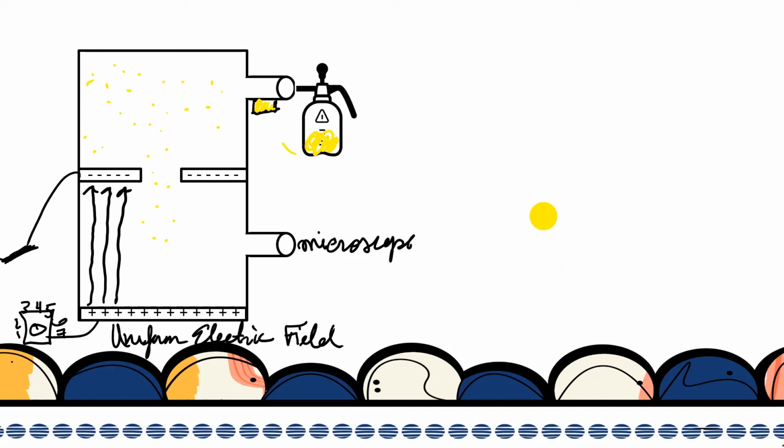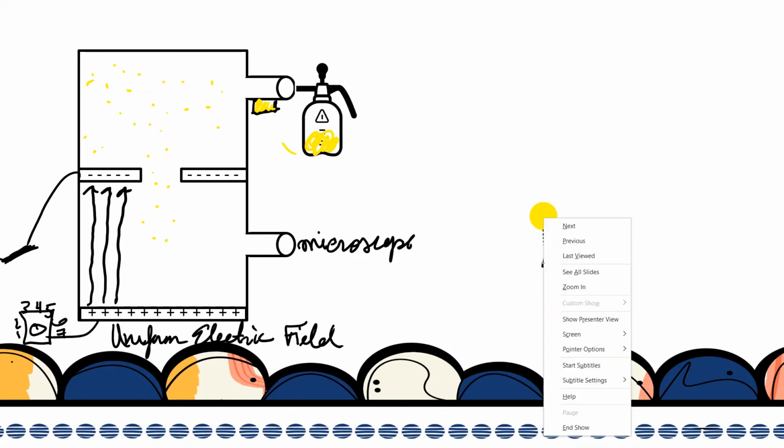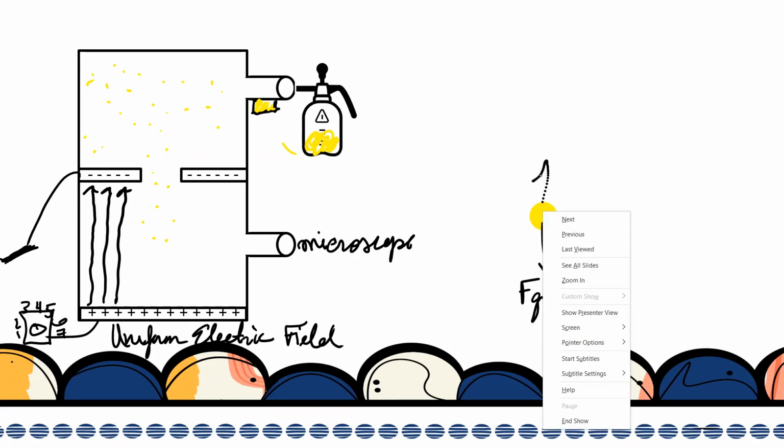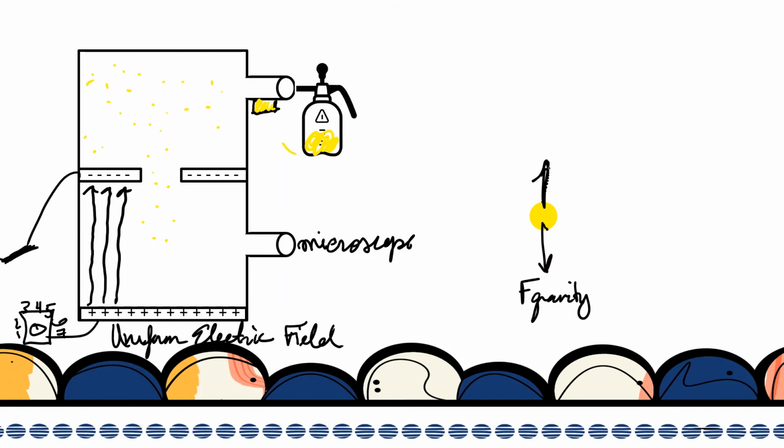Because we're on Earth, this oil droplet always experiences the force of gravity. But when it's in the electric field, it also experiences the force due to a charge. So this means it has an upward force and it has a downward force.